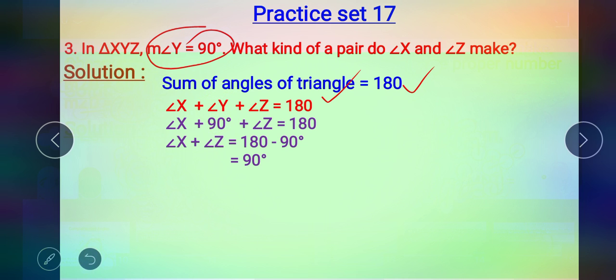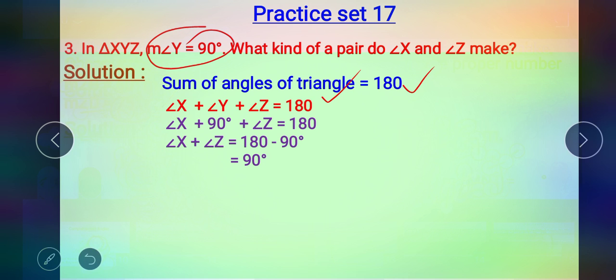Remaining everything is the same: x as it is, z as it is, 180 as it is. So we have x plus 90 plus z is equal to 180 degrees, students.